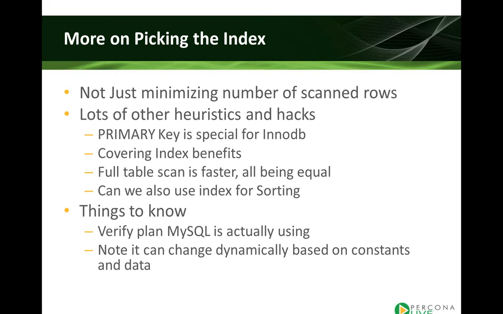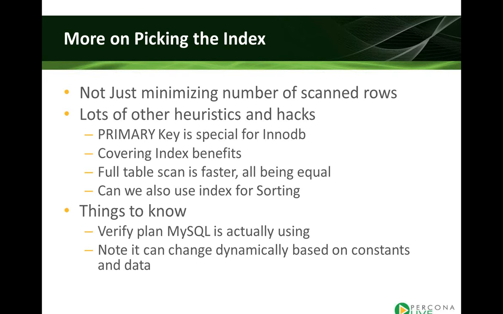Now, it's important that MySQL doesn't really just look at the number of scanned rows and try to minimize that. It also does a lot of other heuristics, and in some cases in the optimizer code you can see plain hacks to make it behave certain ways in certain conditions. It has to do things like treating the primary key as special for unionizing because it has a completely different cost structure for lookups.